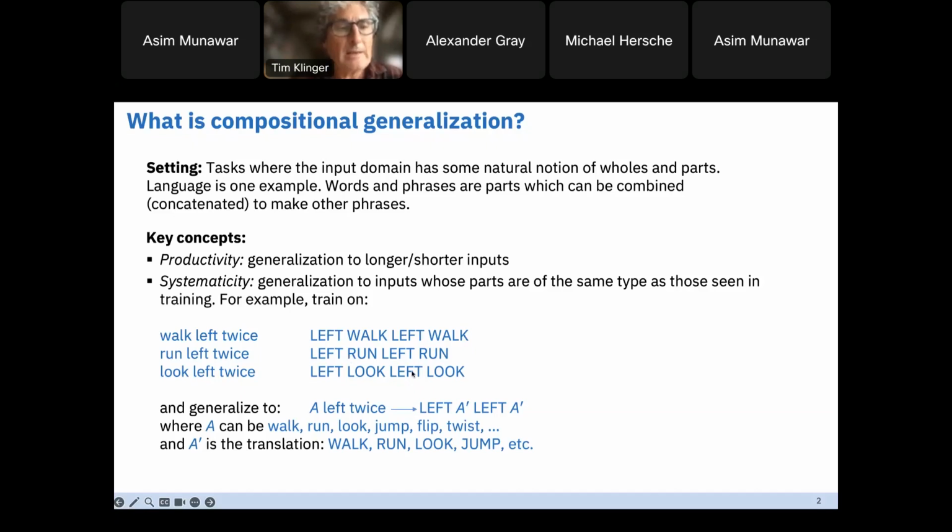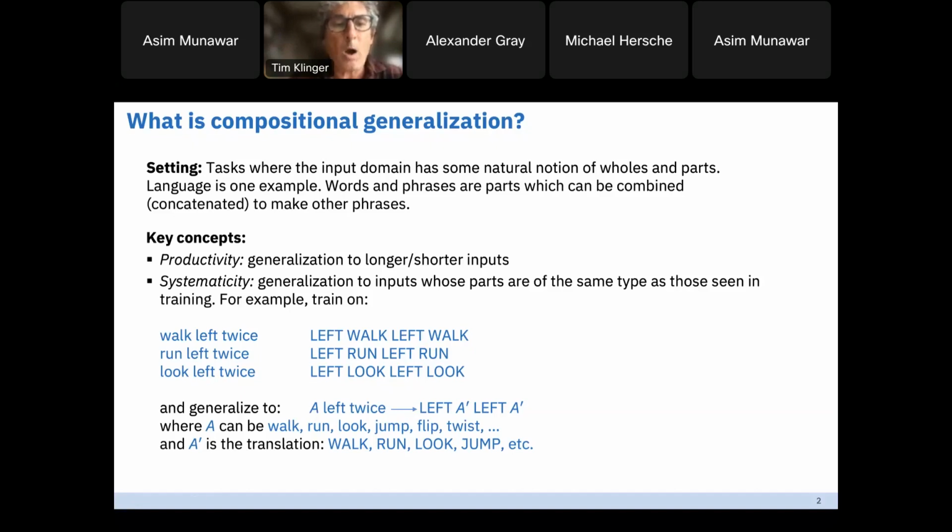The general pattern is there is some class of parts. This is the first word here, walk, run, look, that's in some class of actions. So maybe it also includes jump, flip, twist. And no matter what the actual word is, what you want your model to do is to take that action in context, action left twice, and turn it into turn left A prime, turn left A prime, where A prime here is the translation of that action into the target language.